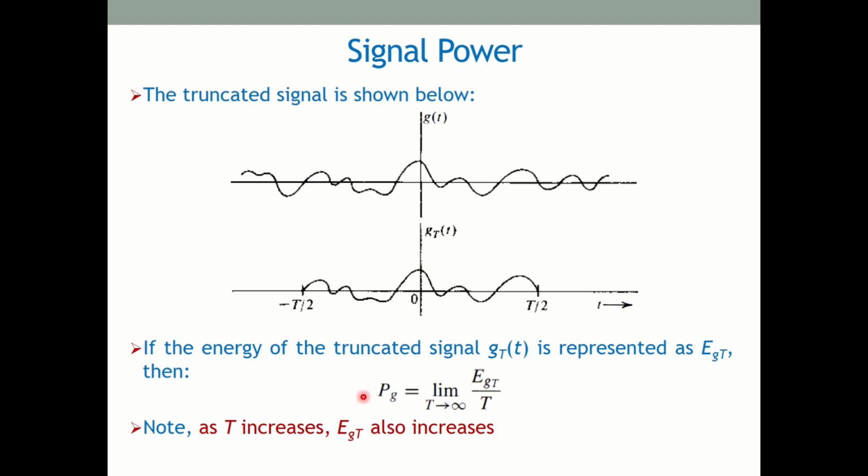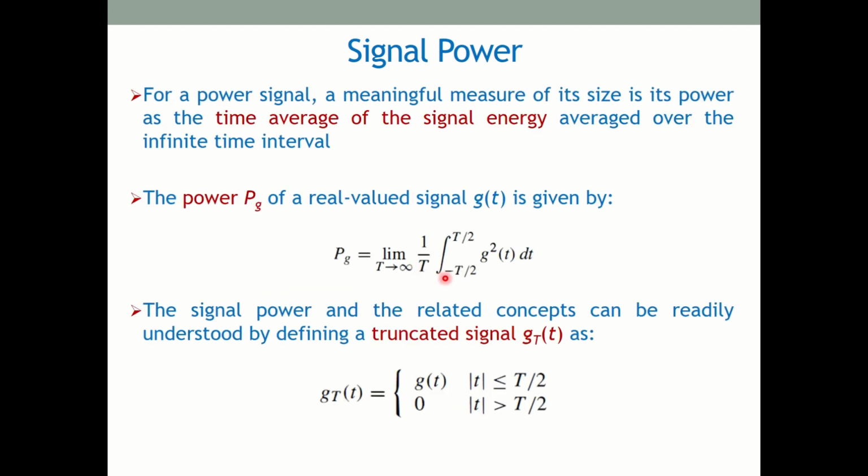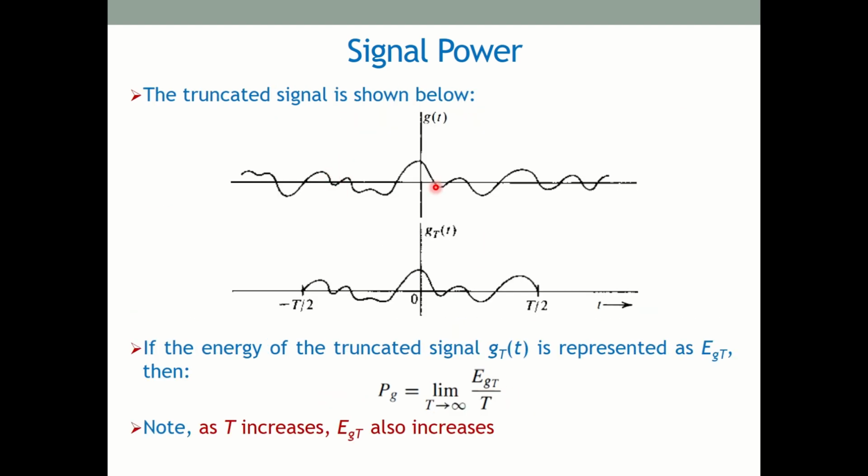The power of g(t) requires only the interval minus T/2 to T/2, and our truncated signal has the same value within this interval.